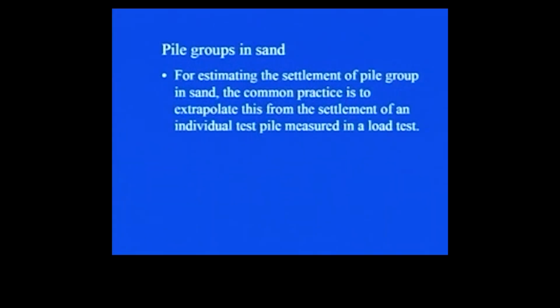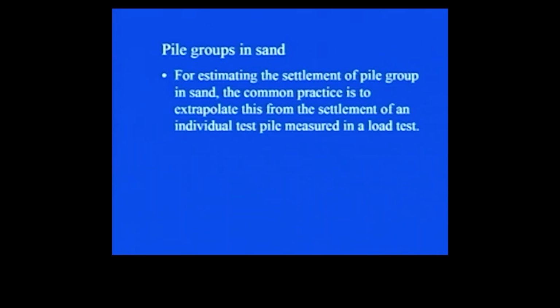Pile groups in sand. So, this was all about clay, where you assume the equivalent raft, place it in the soil and find out the settlement as if there is no pile, only the raft. In case of sand, how do you do that? For estimating the settlement of a pile group in sand, the common practice is to extrapolate from the settlement of an individual test pile measured in a load test.